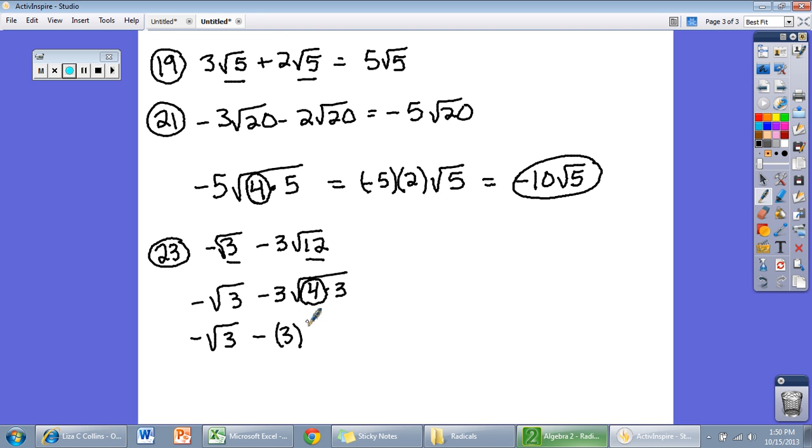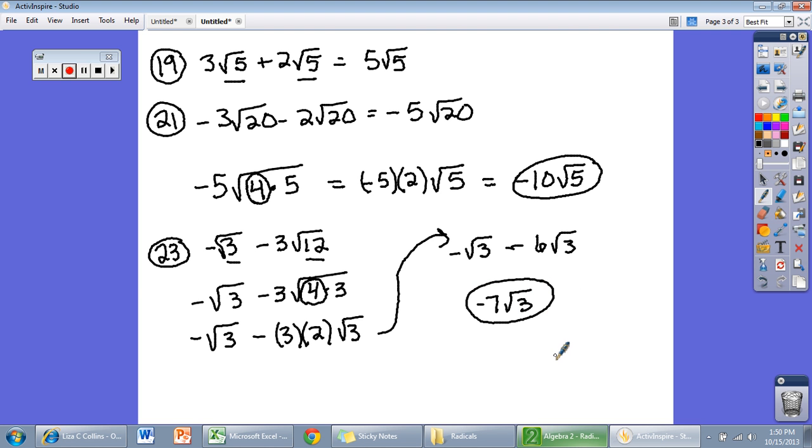The square root of 4 is 2, so I'm multiplying that by the outside 3. So I have negative 1 times the square root of 3 minus 6 times the square root of 3. So my final answer here is negative 7 times the square root of 3.